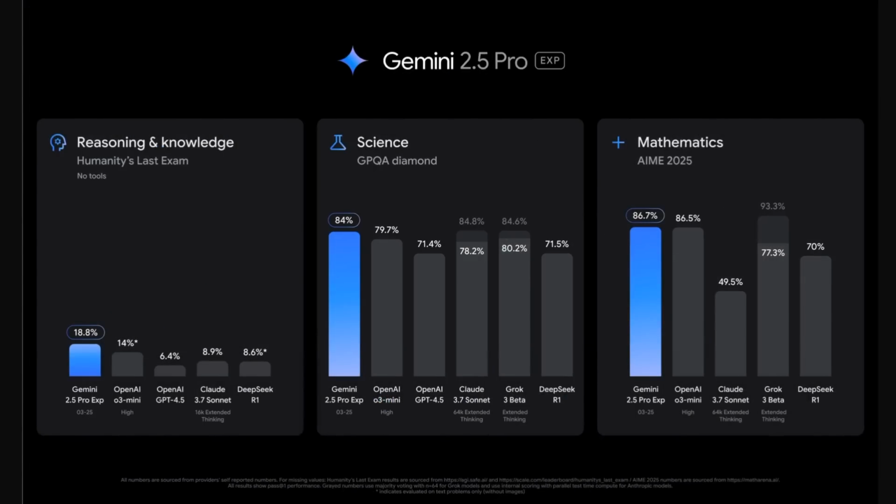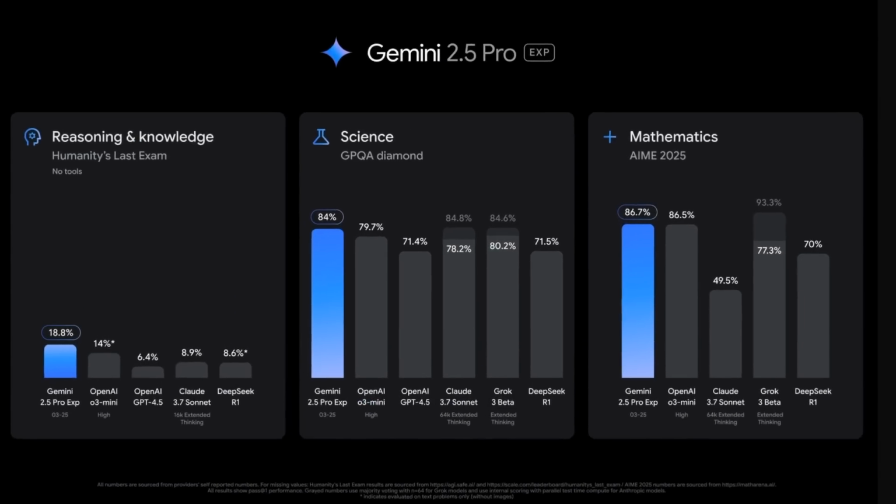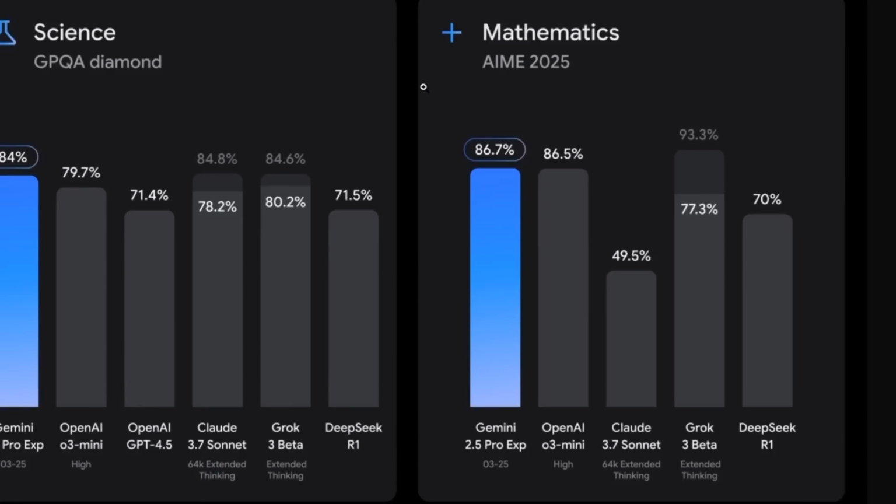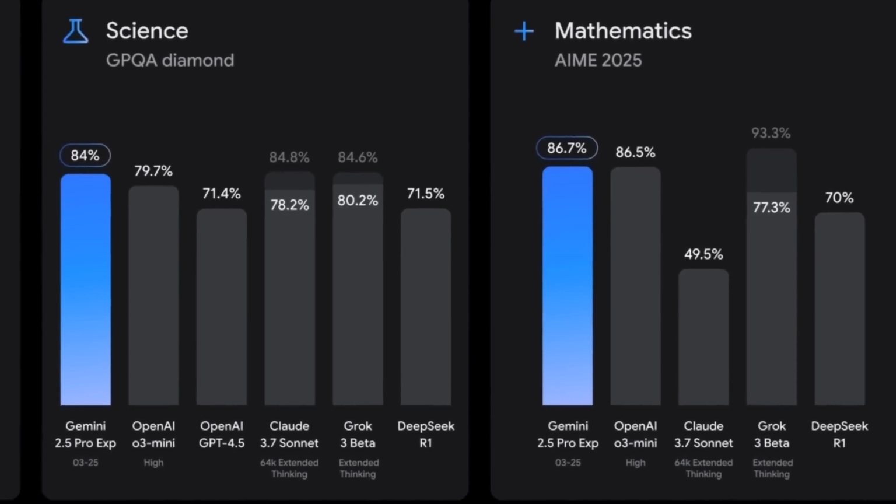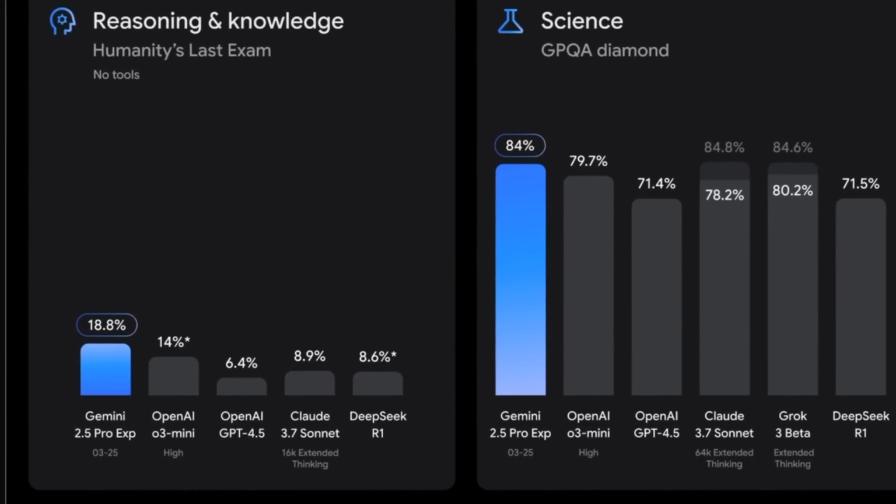Now, out of the benchmarks, the one that is the most interesting for me is not things like the mathematics or the GPQA, both of which are very impressive, but the Humanity's Last Exam benchmark. I'm kind of chuckling because remember when this came out, they made a big point that almost no model could score over a few percent on this.